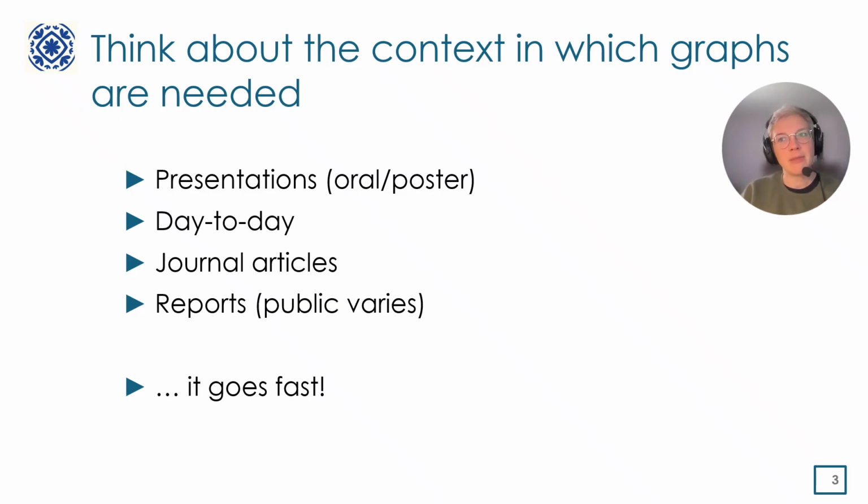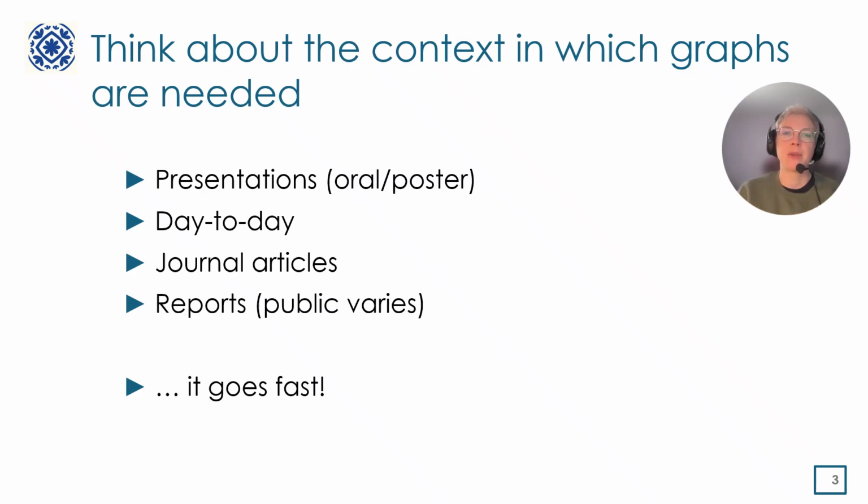But in any event, I think a common denominator here is that it goes fast, right? Especially if you think about presentations, you're going to see the graph on a slide for a few seconds, maybe a minute if you're lucky, and it's all going to go by very fast.